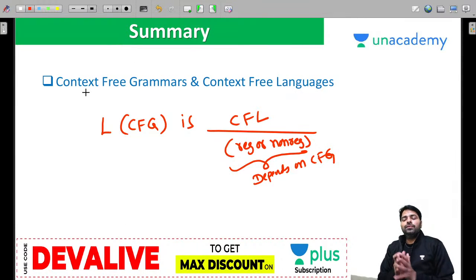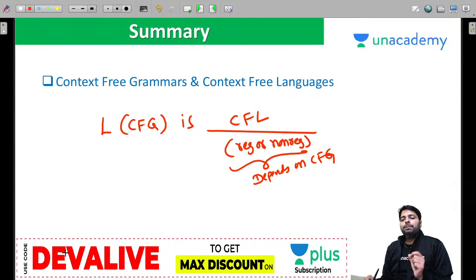In the coming sessions we will slowly start pushdown automata, then talk more about construction of PDA, and then move to closure properties of context-free languages. We will have many sessions in future identifying CFL and DCFL. If you understand what a context-free language is from now onwards, you can identify what is CFL and DCFL.